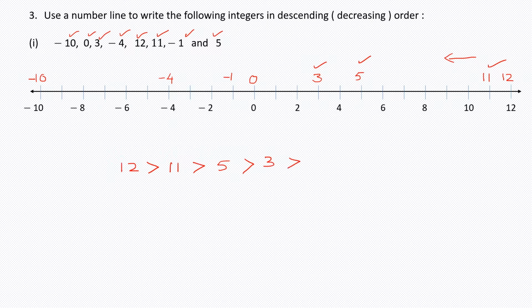This is greater than 0. This is greater than -1. Then we have -4. And the last one is -10. So we have arranged our numbers in descending order.